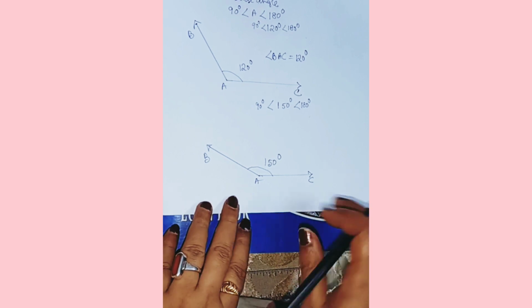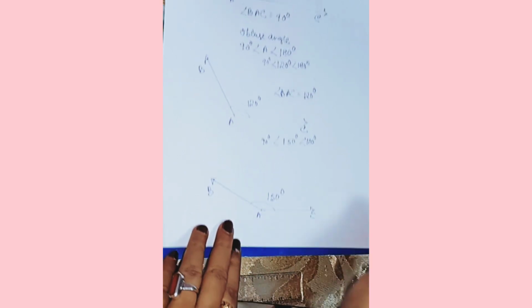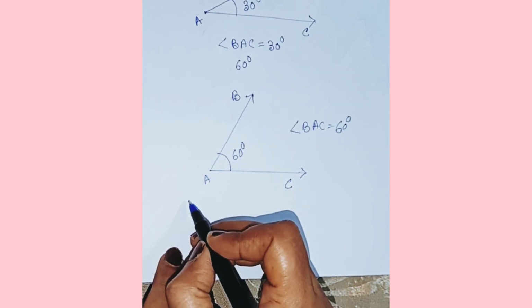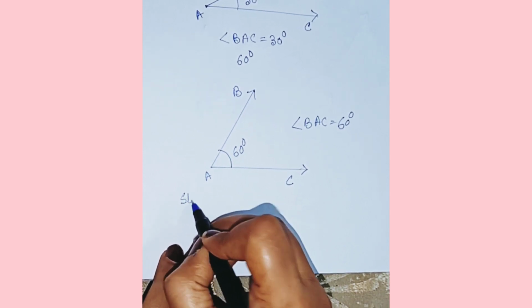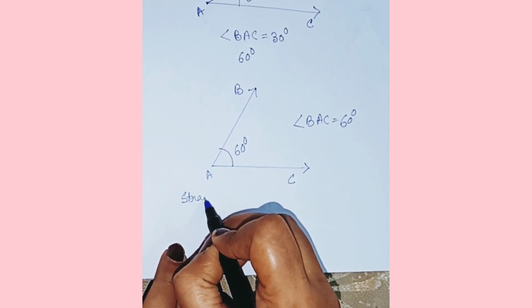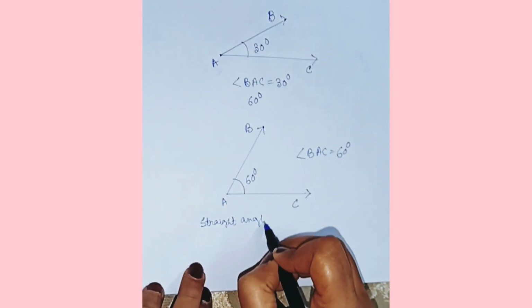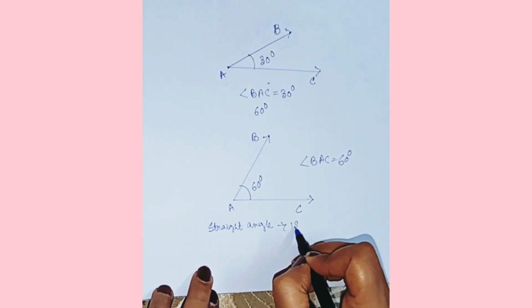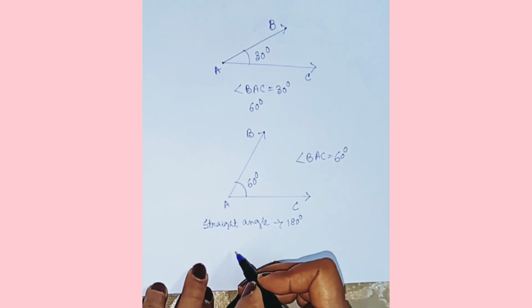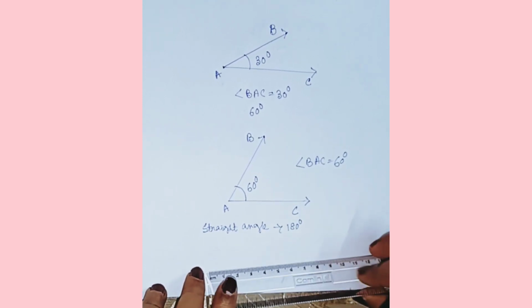Now I am going to explain the straight angle. What is a straight angle? The angle which measures 180 degree is called a straight angle. That is the straight line.